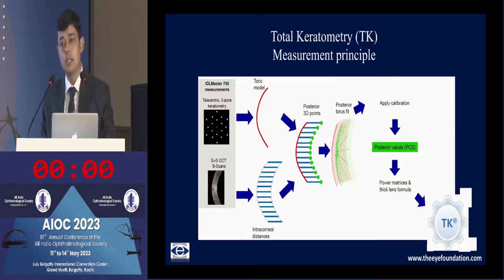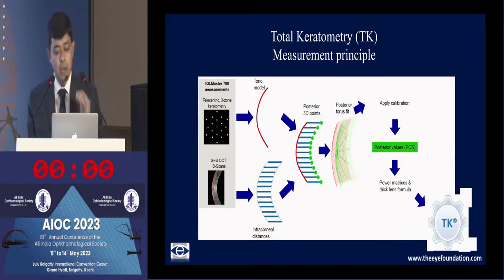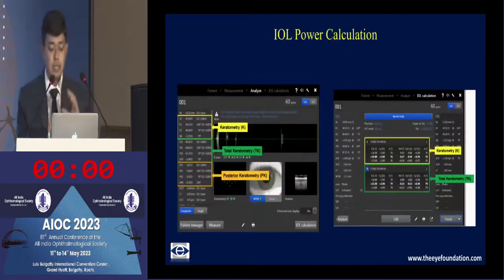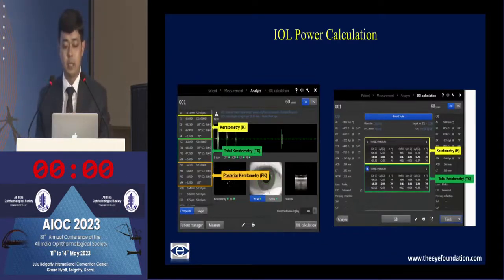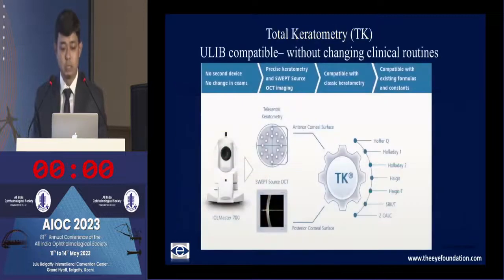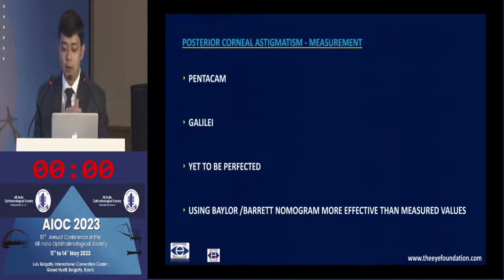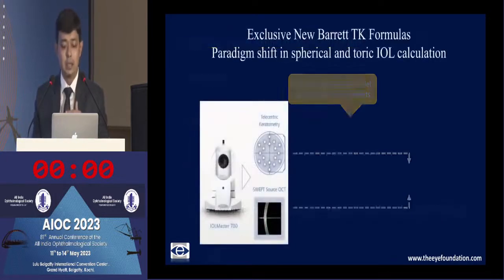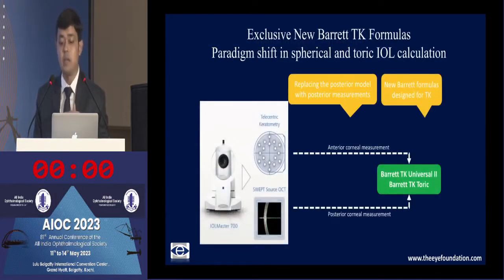The most recent advancement is the availability of total keratometry, where apart from the anterior corneal measurements, you also have the posterior toric fit. So it gives us separately the anterior keratometry, the posterior keratometry, and the total keratometry. You also have formulae which are now compatible, the Barrett formula, which is specifically for the total keratometry value, the Barrett TK.